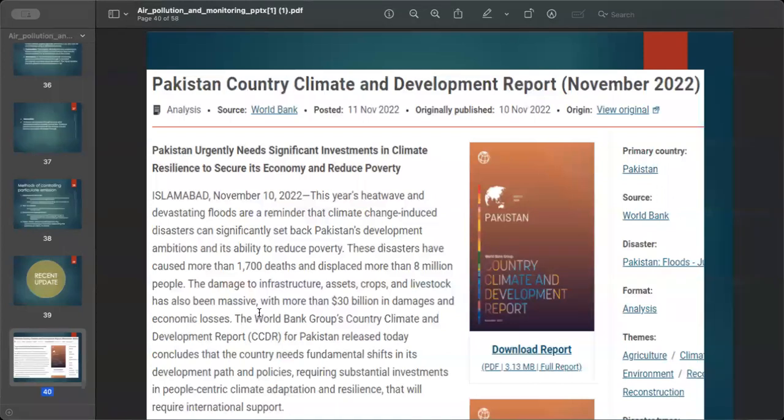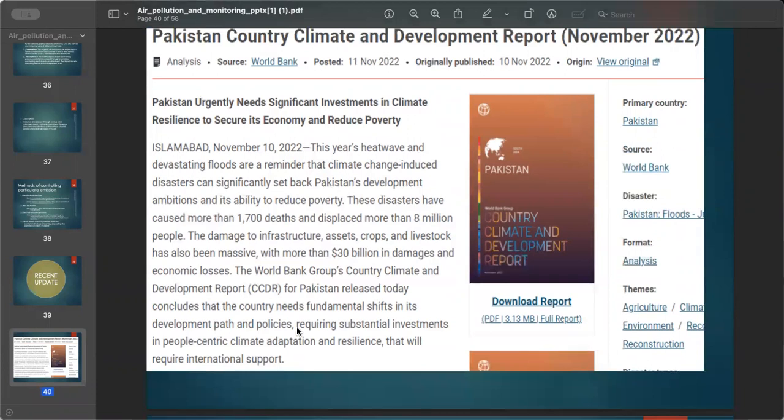Recent update. Pakistan Country Climate and Development Report, November 2022. Pakistan urgently needs significant investment in climate resilience to secure its economy and reduce poverty. Islamabad: this year's heat wave and devastating floods are a reminder that climate-induced disasters can significantly set back Pakistan's development ambition and its ability to reduce poverty.